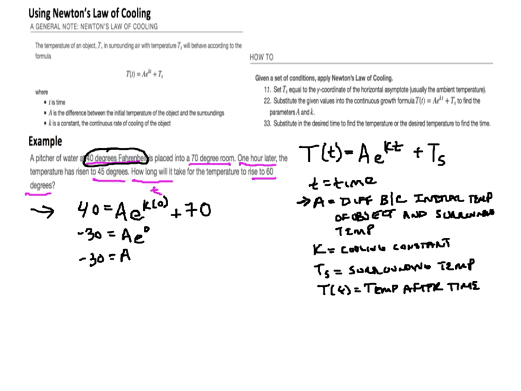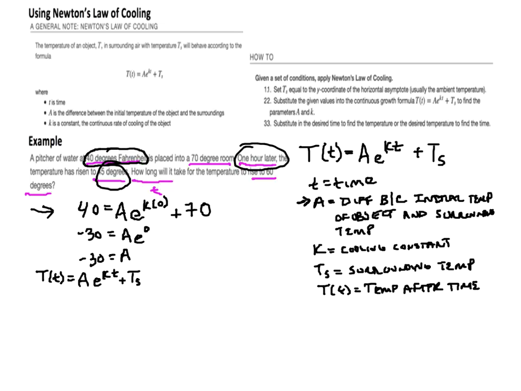Okay, so now I have T of t is equal to A times e to the kt plus T sub S, my surrounding temperature. I know that 1 hour later, I'm at 45 degrees.